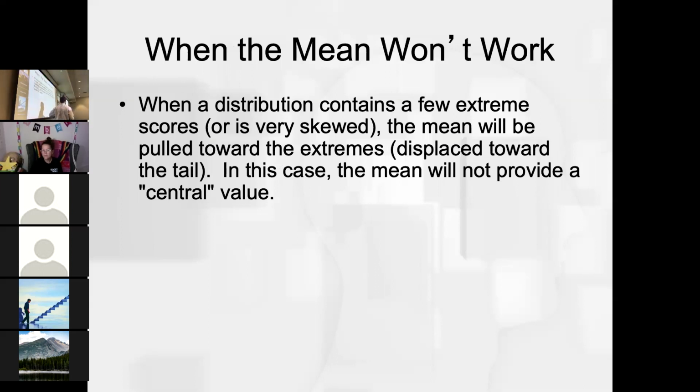So we frequently use the mean. And I already talked about one instance where the mean won't work, right? When you're using nominal or ordinal data. But you also don't want to use the mean if you have real extreme scores. We talked about when data is skewed last time.